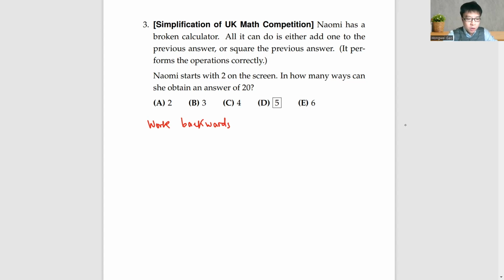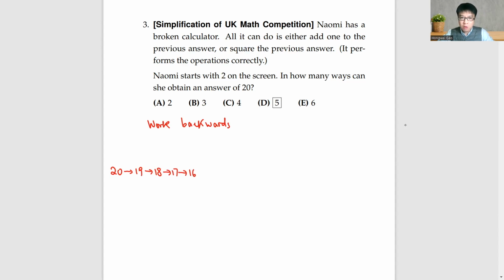Now let's see. If we start from 20, 20 can only be obtained by adding 1 to 19, because 20 is not a square. So 20 comes from 19. And same, 19 comes from 18, 18 comes from 17, 17 comes from 16. So that's the only choice. But when we arrive at 16, we should be careful because 16 is a square number.